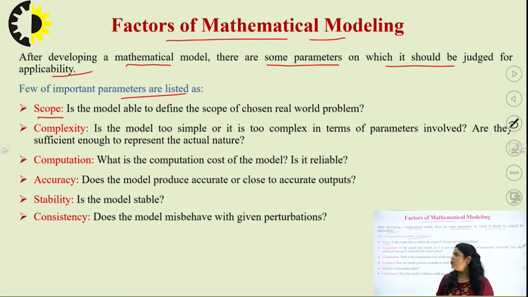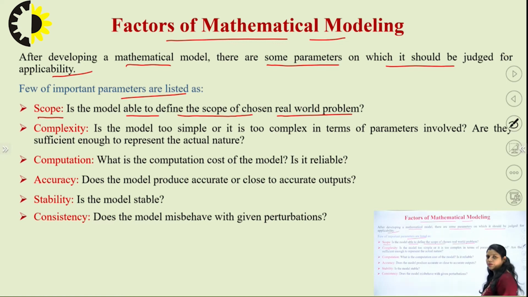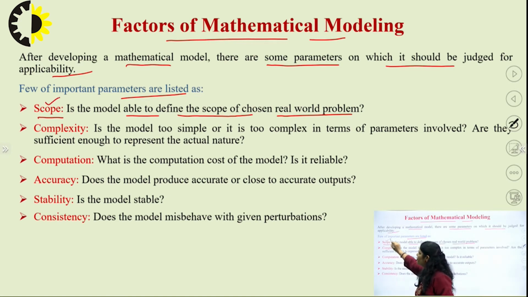In scope, what will we check? We will check whether the model is able to define the scope of the chosen real world problem, meaning the actual system. We will check in this factor.